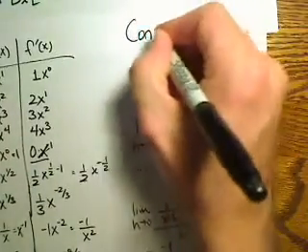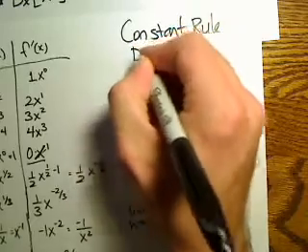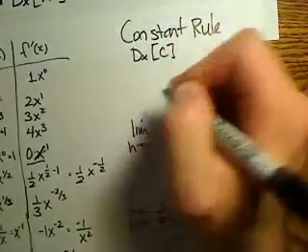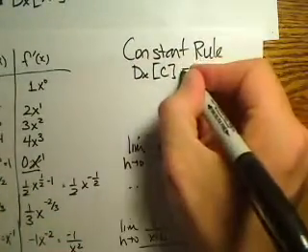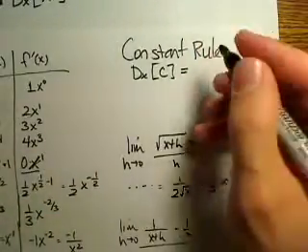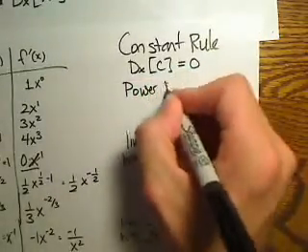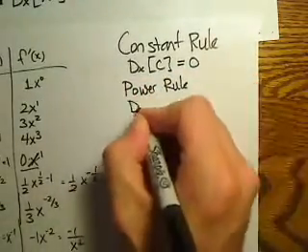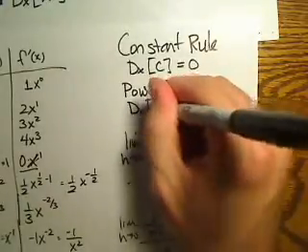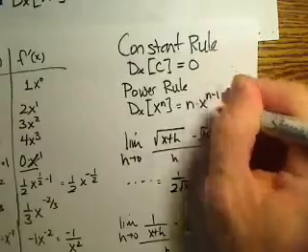I'll just write them one last time. Our constant rule is that the derivative of any constant function that always just gives you a number out of it, the same number every time, it constantly gives you that c. That derivative is 0. And our power rule is that the derivative of x to the n is n times x to the n minus 1.